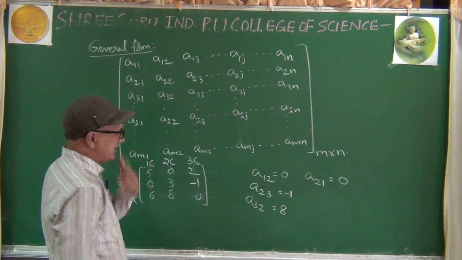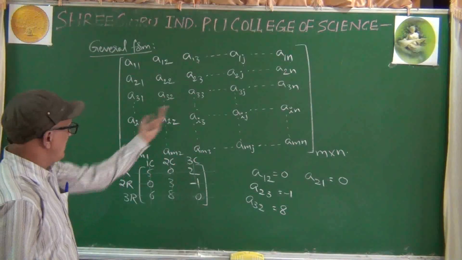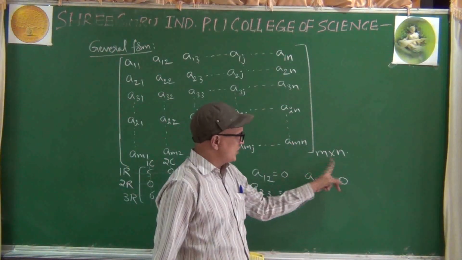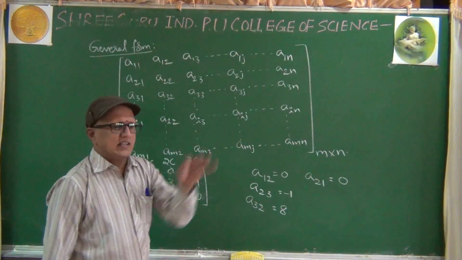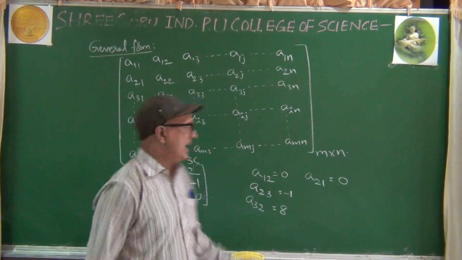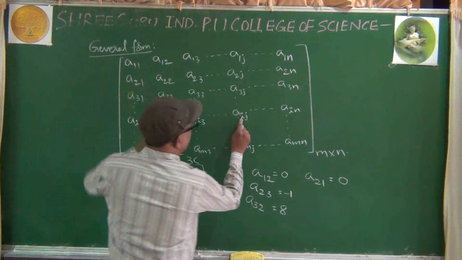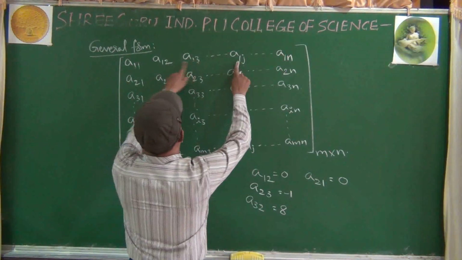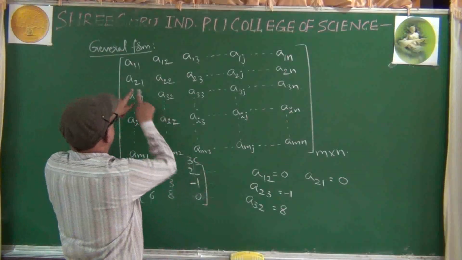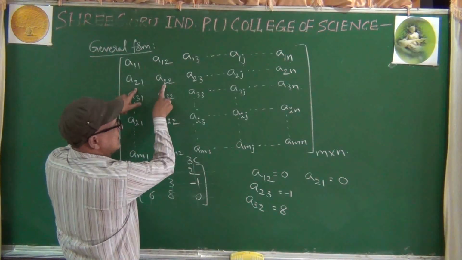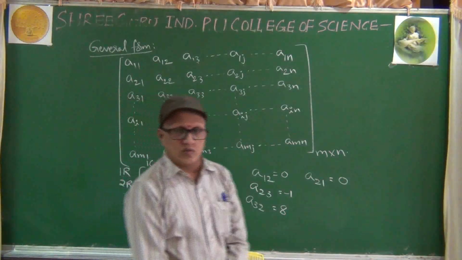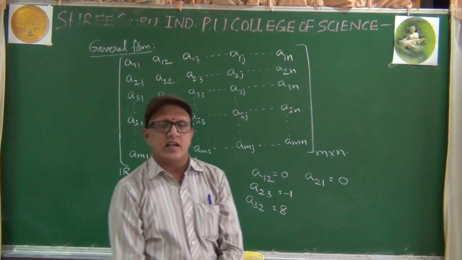This is the general form. Sir, you are telling that this is the general form and you have written something else, Aij. What is this ij? What is mn? M and n, you told, number of rows and number of columns. What about ij? i means a particular row: 5th row, 7th row, 3rd row, 2nd row, 1st row. i value 1 means first row, i value 2 means second row. j value 1 means first column, j value 2 means second column.